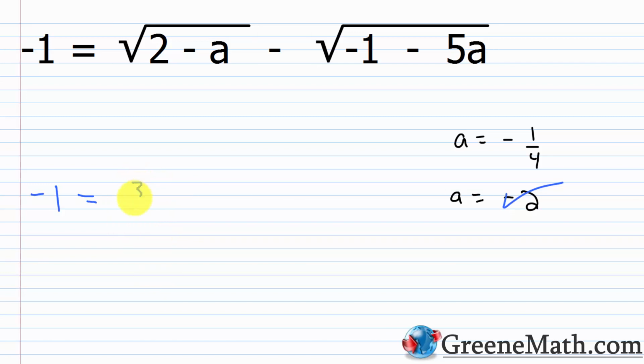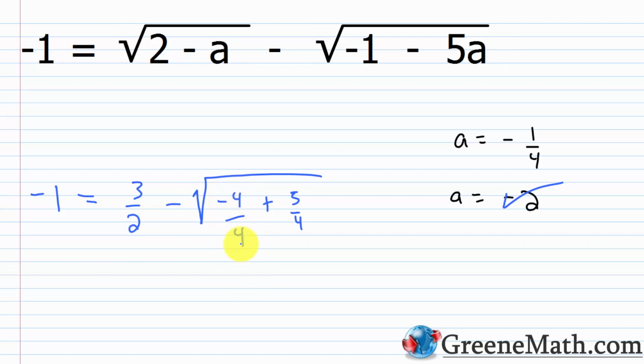Then minus, over here I have the square root of negative 1 minus 5 times a negative 1/4. Negative times negative is positive, so this would be positive 5/4. So plus 5/4. And to get a common denominator, I would write negative 1 as negative 4 over 4.